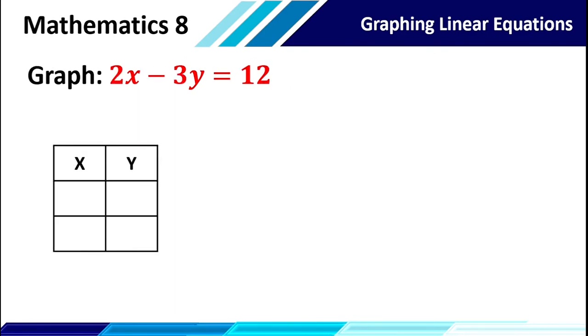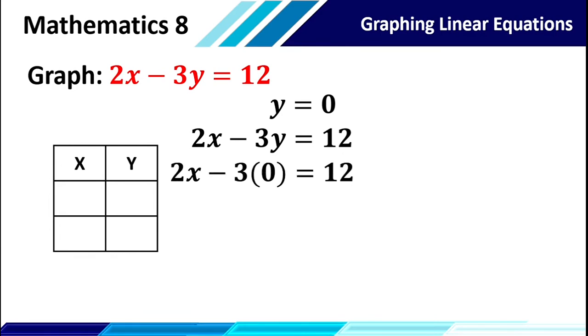Our last example would be graph the equation 2x minus 3y is equal to 12. Again, let's find our x-intercept by letting the value of y be equal to 0. So we have our original equation and we need to substitute y by 0. So we will have 2x minus 3 times 0 is equal to 12.